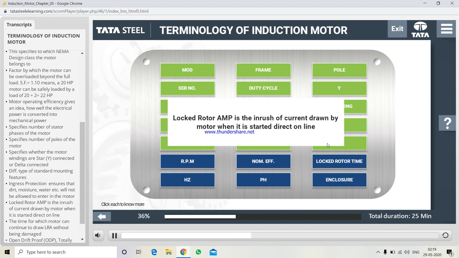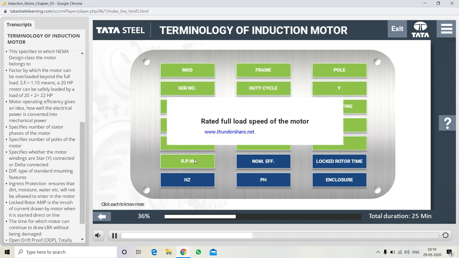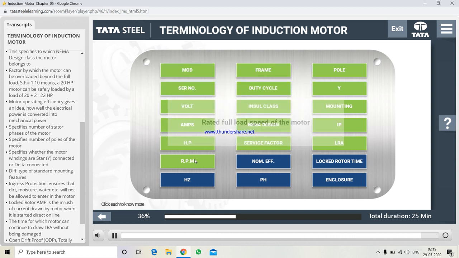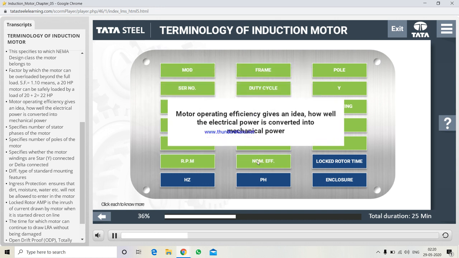Locked rotor AMP is the inrush of current drawn by motor when it is started direct online. Rated full load speed of the motor. Motor operating efficiency gives an idea how well the electrical power is converted into mechanical power.